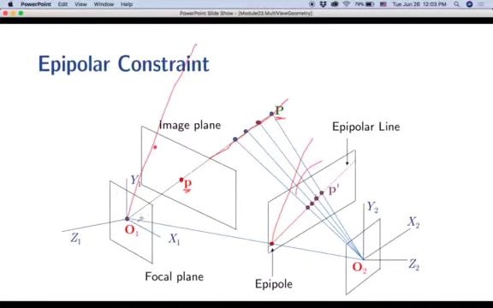They must be joined to the camera center, and therefore all epipolar lines will pass through the epipole. So an epipole is a very significant point in working with epipolar lines, because every epipolar line has to pass through the epipole.